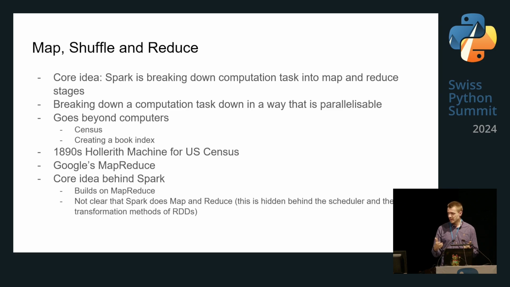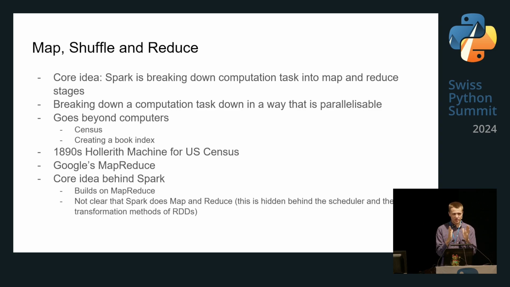So to talk about some actual implementations of MapReduce with machines, a very early one was in the 1890s for the US Census. It's the Hollerith machine.